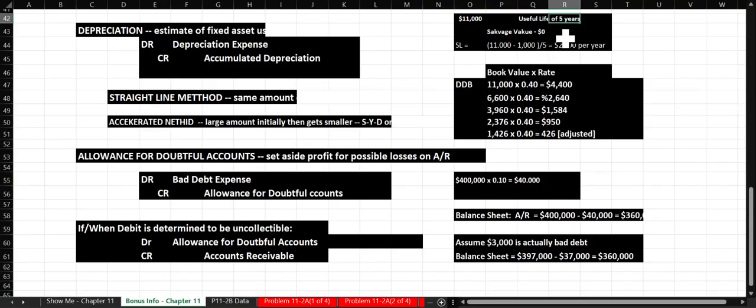So it's an estimate, and we work with the original estimate until updated information indicates that we have to make a change. There are different methods for determining how much should be allocated each period. Regardless of the method that is used, the entries for the adjustments are going to be the same.